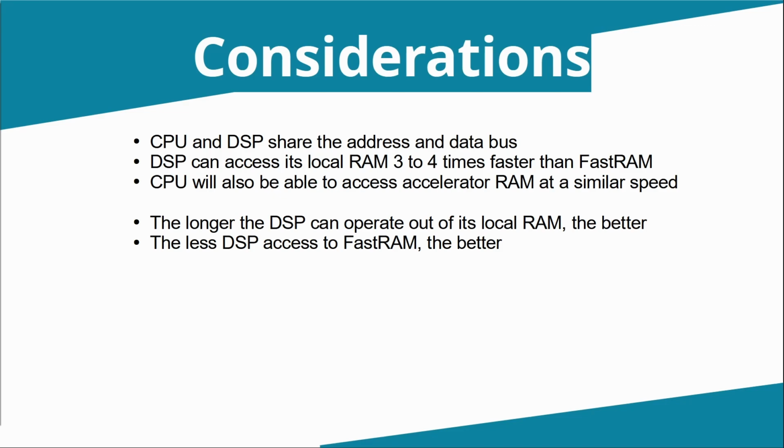Another thing to bear in mind here, therefore, is the opposite of that, which is if there is an accelerator on the machine with onboard local RAM on the accelerator, the CPU is likely to be able to access that just as fast as the DSP can access its own 8K of local RAM. And so if you've got an accelerator in the machine, you need to think really hard about how your application is going to work.